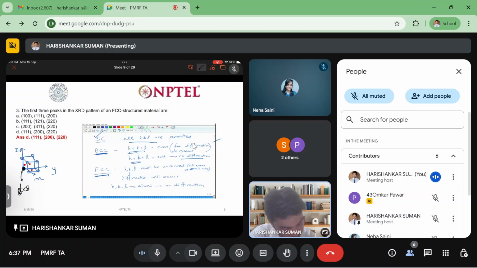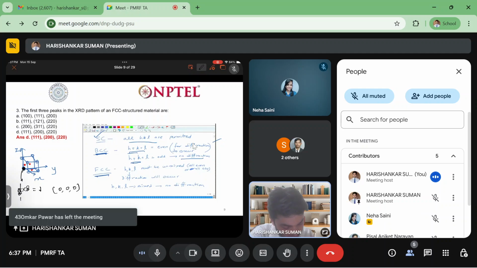Eight corners, each contributing 1 by 8, and the position will be 0 0 0. The first nearest are the faces, we know there are 6 faces, and the sharing is 1 half.